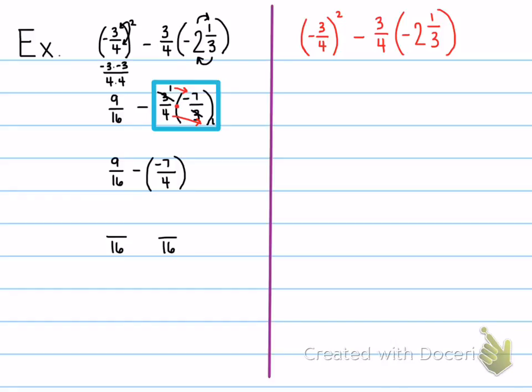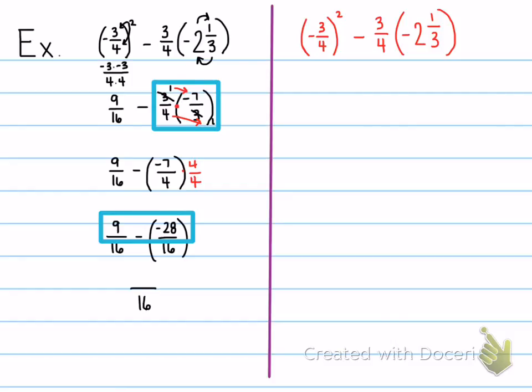So that means I'm multiplying this by 4 over 4. -7 times 4 is -28. And my first fraction didn't change. So what I'm really solving here is 9 minus -28 because it's all over 16.